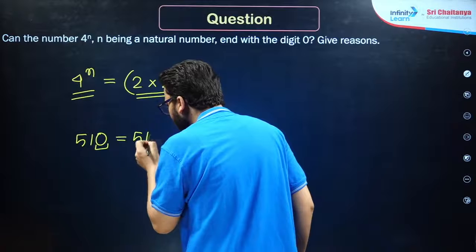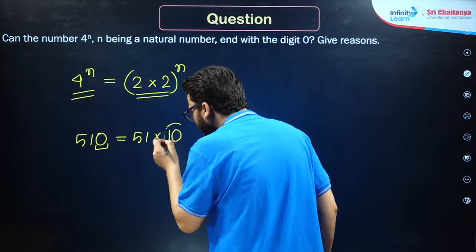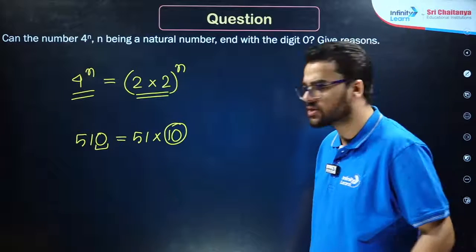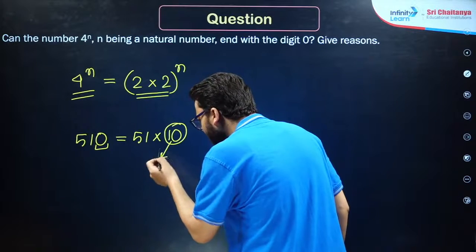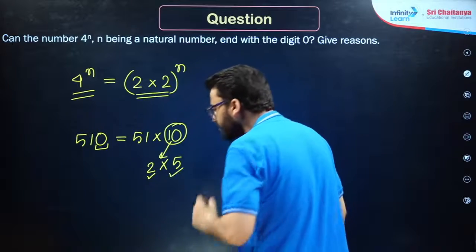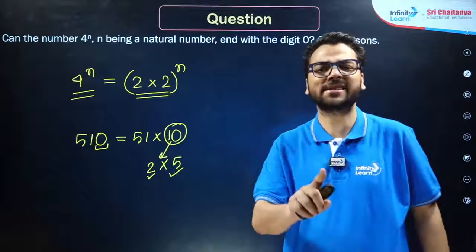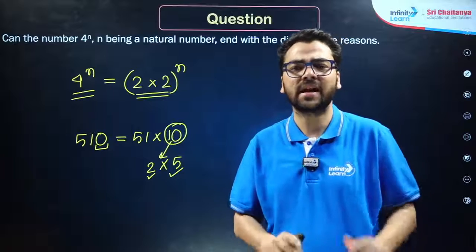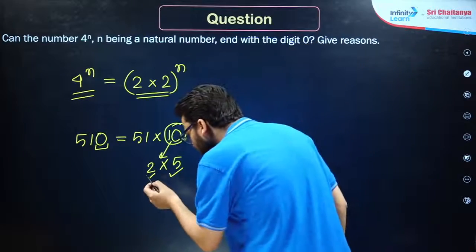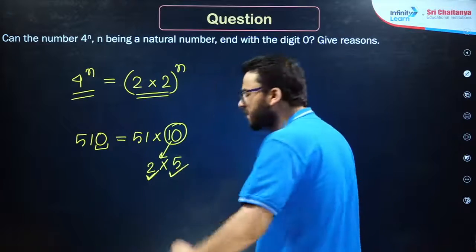It means that 10 is there in the factorization of that number. It means that in the prime factorization, at least 1 two and 1 five must be there. If a number is ending with 0, it means that in the prime factorization of that number, at least 1 time 2 is there and 1 time 5 is there.